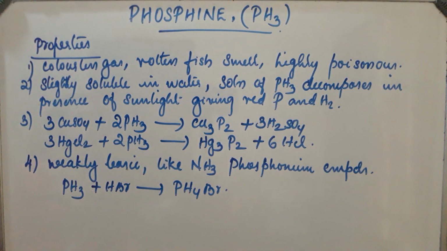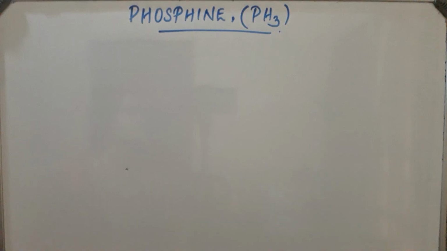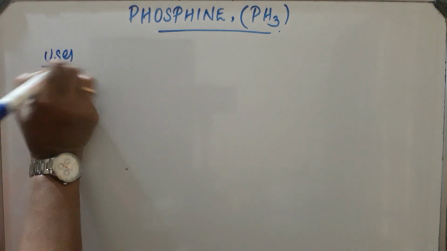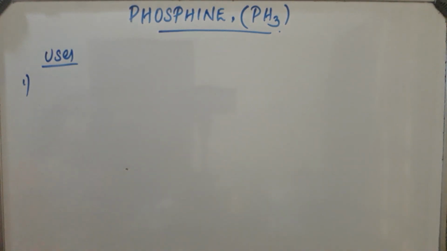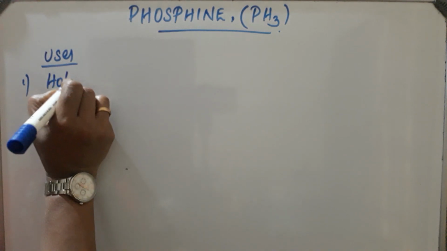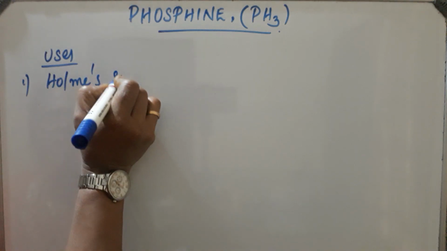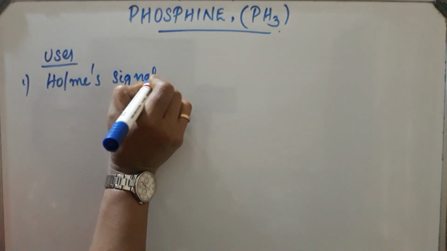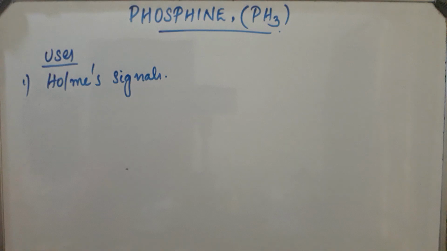Next, the different uses of phosphine. First important use: it is used in Holmes signals. What is a Holmes signal?